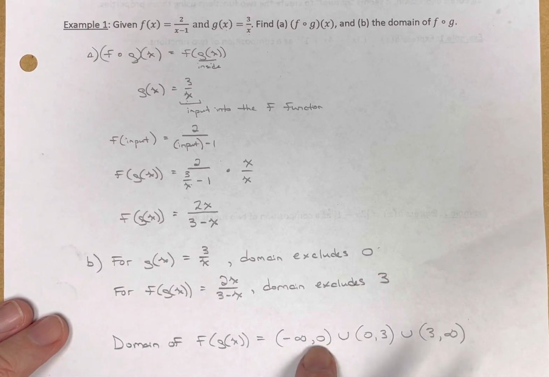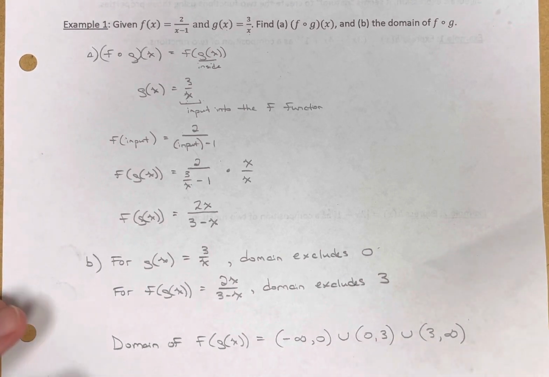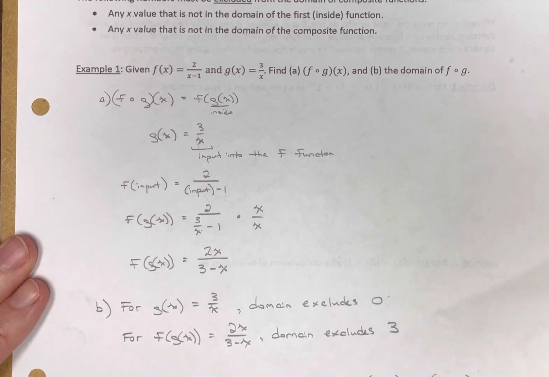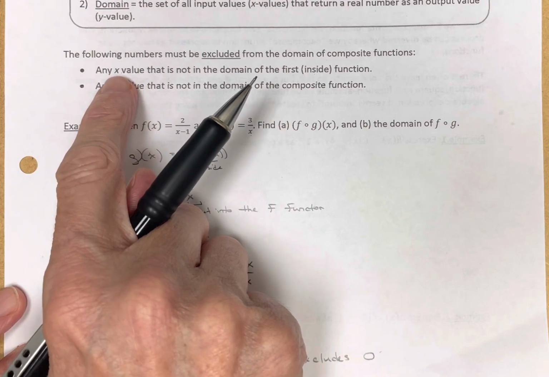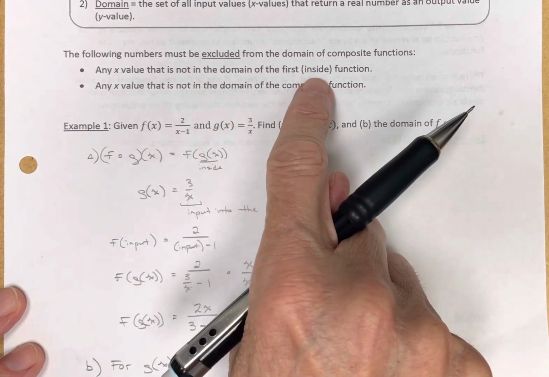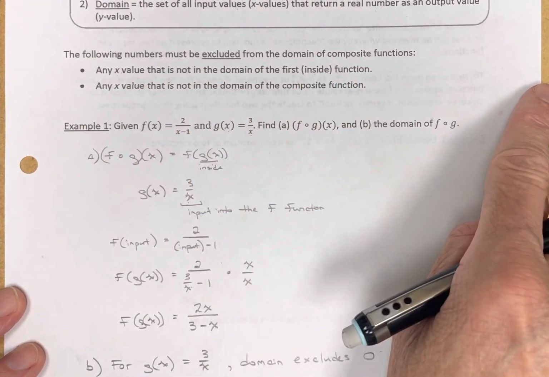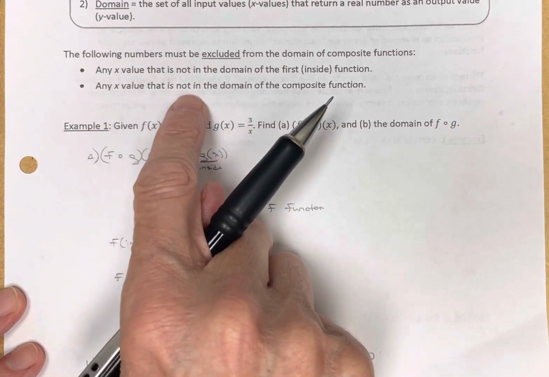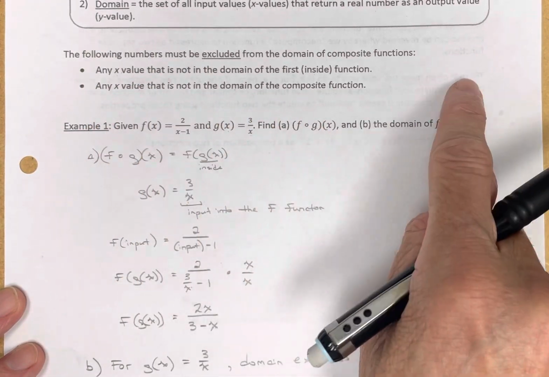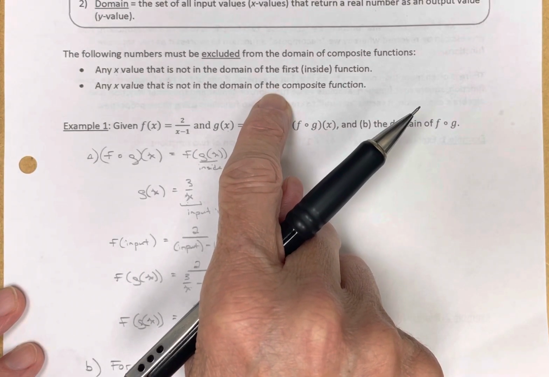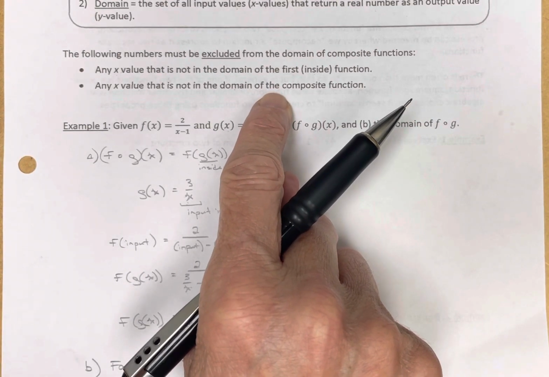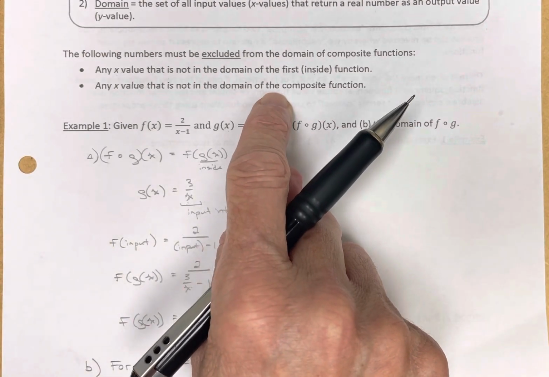This is excluding the 0 and excluding the 3. So what you need to be aware of, back to our two bullets, is that any x that is not in the domain of the first function is out, and any x that is not in the domain of the composite function is out. The result of those two is the domain of the composite function in its entirety.